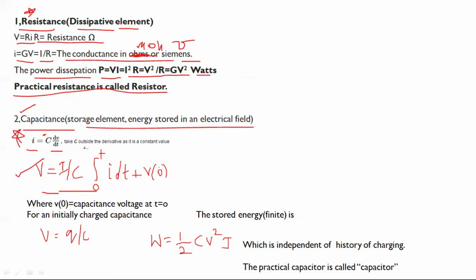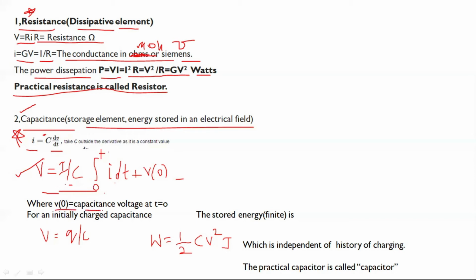So we can say V is equal to 1 by C times the integral from 0 to t of I dt plus V0. If the current is integrated from 0 to t, you get the integral of I dt plus V0. What is V0?